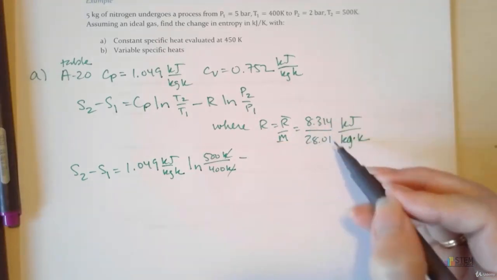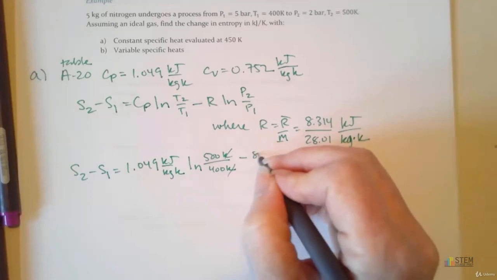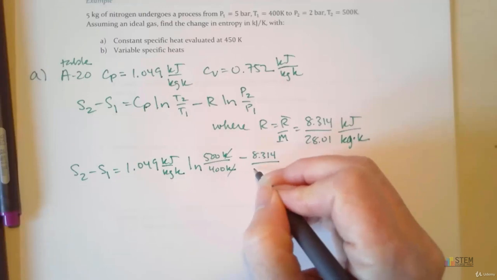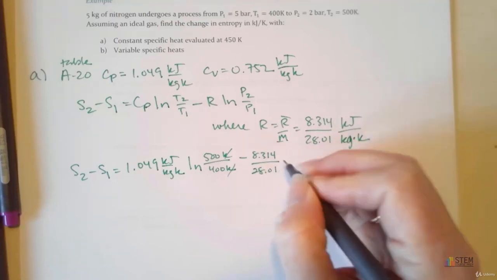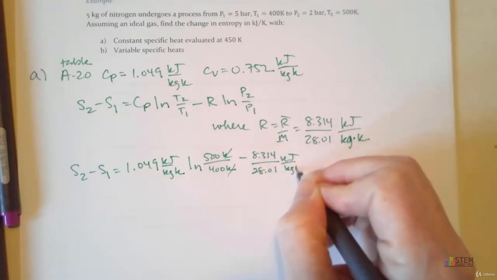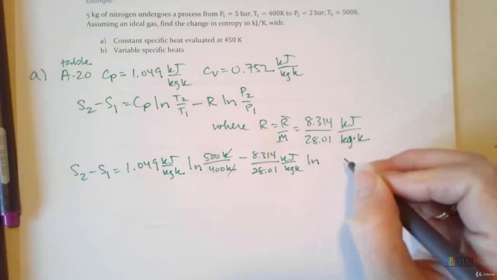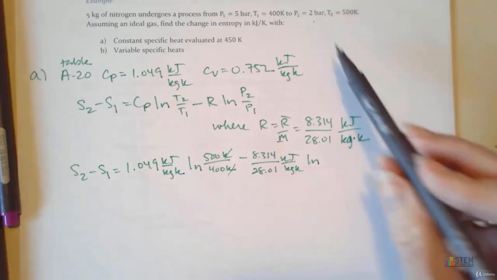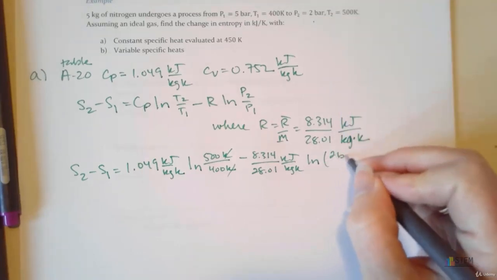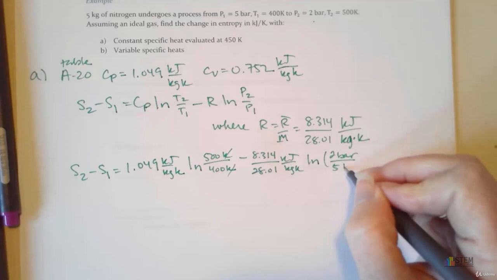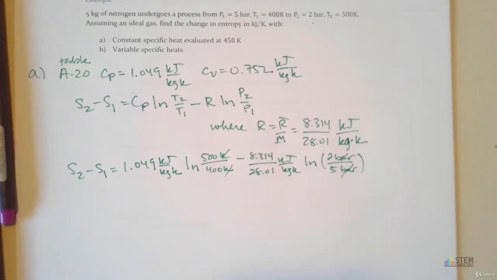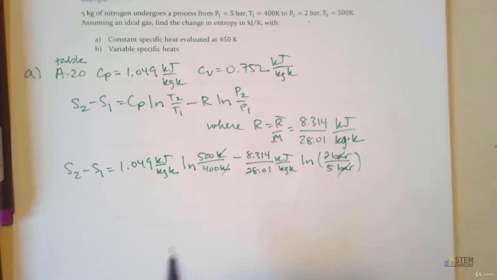I don't have the actual value here, so we're going to write the R bar over M. 8.314 over 28.01, kilojoule per kilogram Kelvin, multiplied by the natural log of P2 over P1. Final pressure was 2, initial pressure was 5. So we got 2 over 5. Notice the bar cancels. So now we've got that. So far, so good.